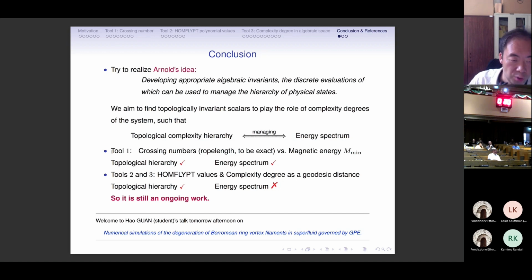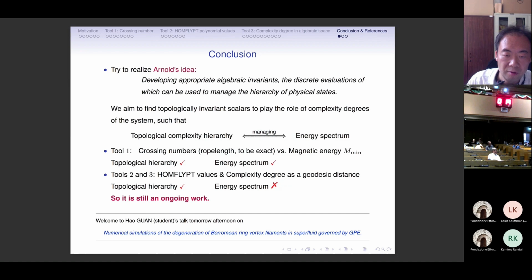I reviewed 3 tools. The first tool is crossing numbers, rope length to be exact, versus magnetic energy, where we can see topological hierarchy, because rope length has different values for different knot types. And the spectrum also has a hierarchy.